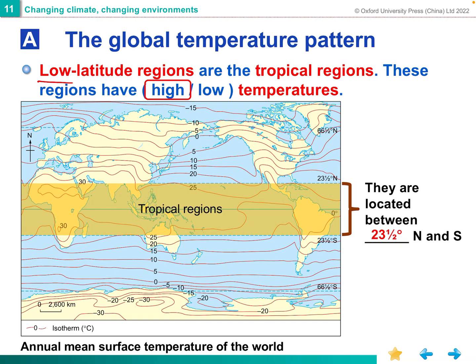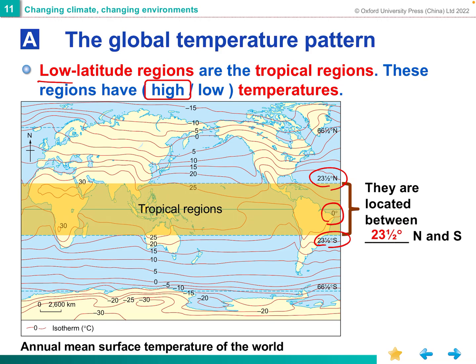I repeat, they are called low latitude region. Why? Because the number of the latitude 緯度 is low, or the lowest among different places. So in this area, the temperature is always very high. Please highlight in your textbook if your class hasn't highlighted.